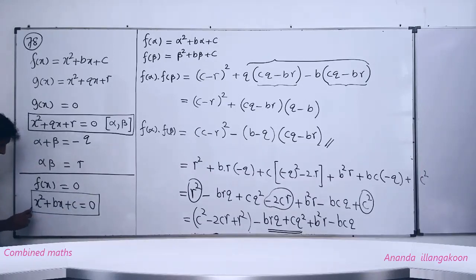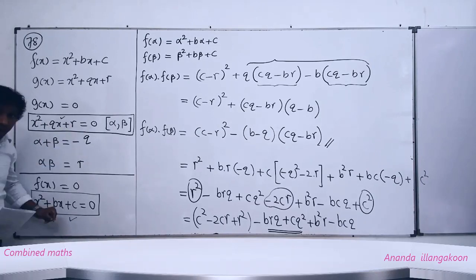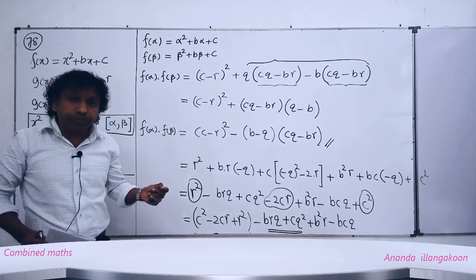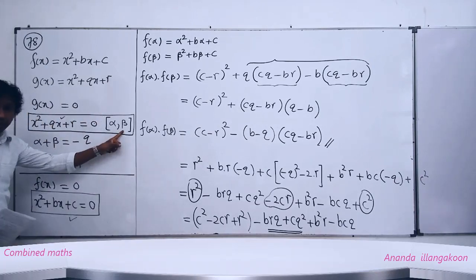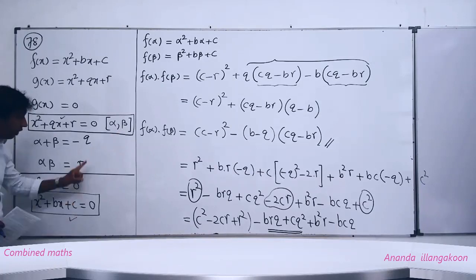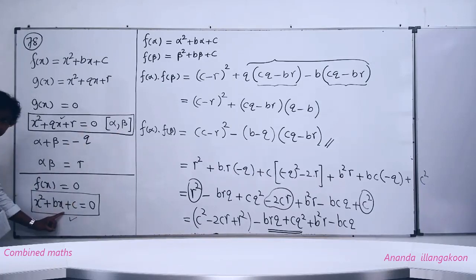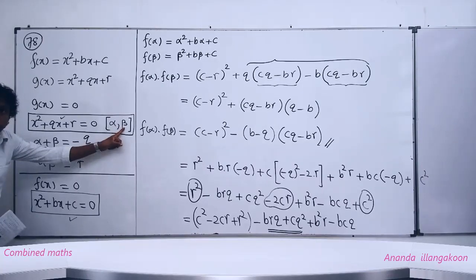Right. Now we are given that this equation and this equation have a common root. Since this has the roots alpha, beta, for this and this to have a common root, definitely this equation should have one of these two roots as a root.